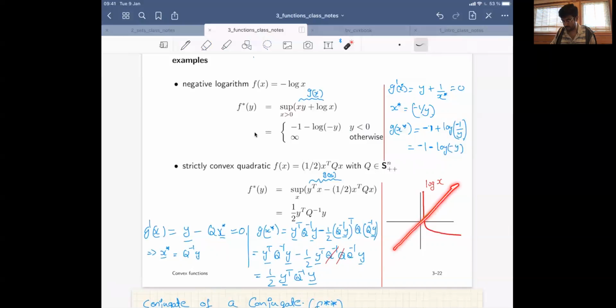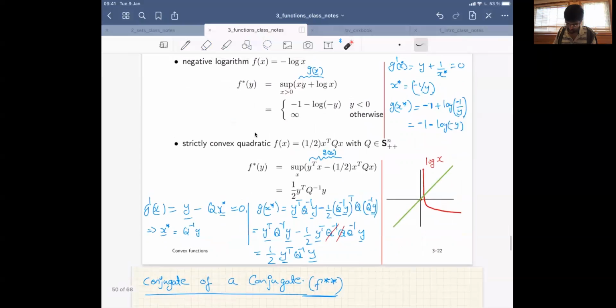What is y here? Maybe plus 1, right? The y is the slope of this line, so plus 1. So what will be the maximum distance? It will be infinity, right? This distance is increasing and it will be infinity. So in that case, it will be infinity. Okay, so this is the conjugate function of minus log x.